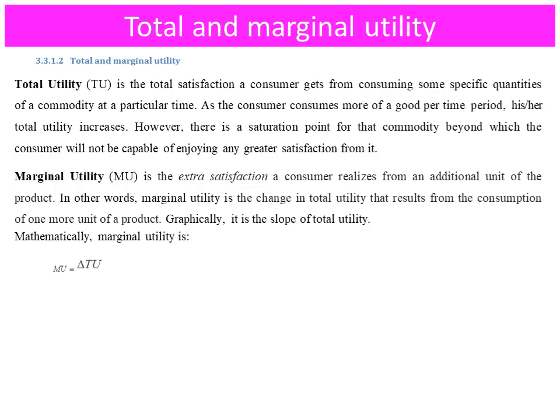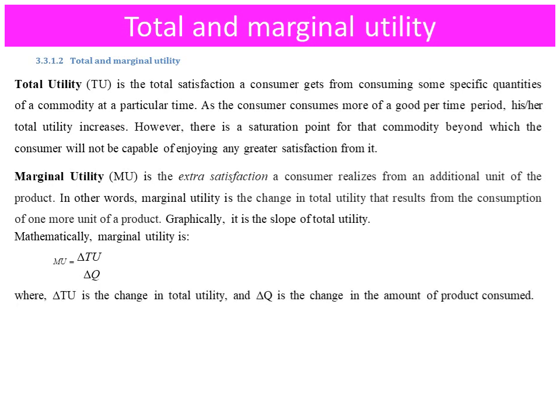Mathematically, marginal utility is equal to the change of total utility over the change of quantity, MU = ΔTU/ΔQ, where ΔTU is the change in total utility and ΔQ is the change in amounts of product consumed.